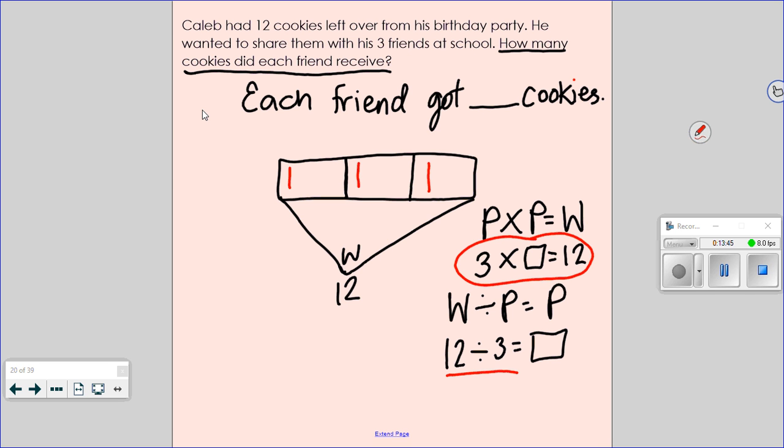I've only dealt out 3. I need to keep going. 1 for you, 1 for you, 1 for you. Now I'm at 6 that I've given away. Keep going. Now I'm at 9 that I've given away.